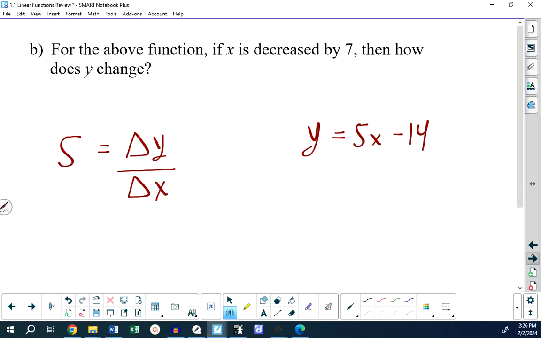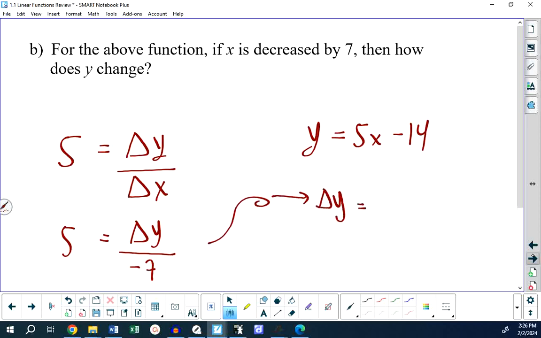So what we can do is put negative 7 in for delta x. I mean, you're not told delta x is negative 7, but you're told x decreases by 7, so the change is negative, and the magnitude of the change is 7. Finding delta y from that little equation is pretty simple. Delta y is equal to negative 35. So the answer is, if x is 7 less, y will be 35 less.